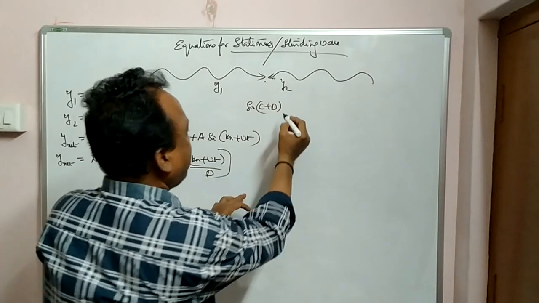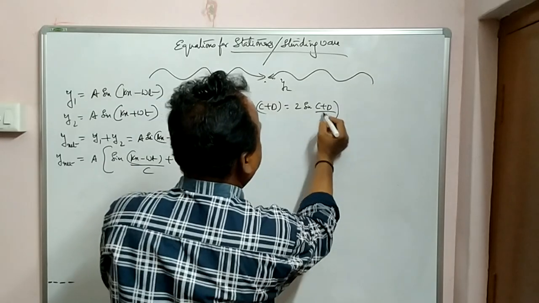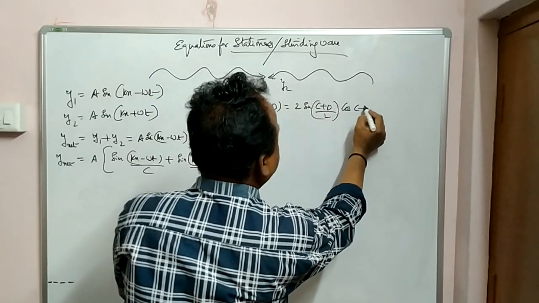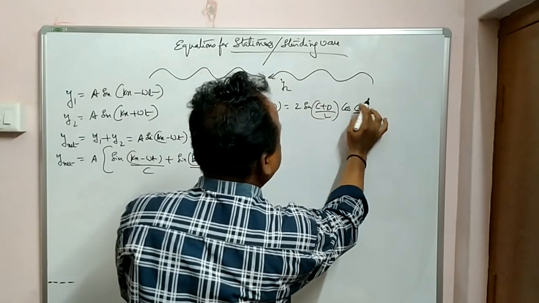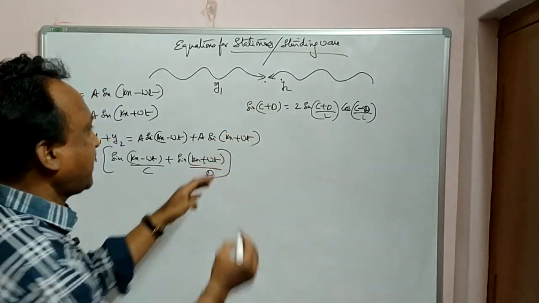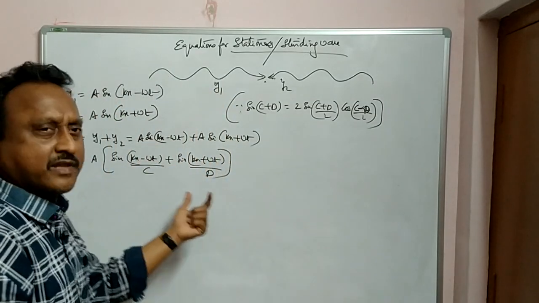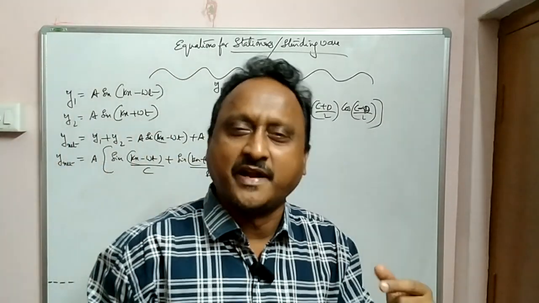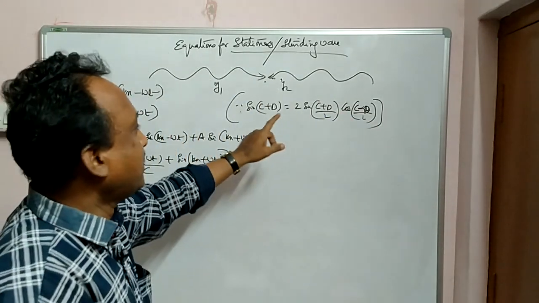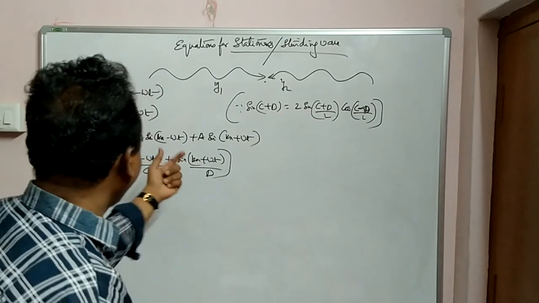In mathematics trigonometry, it is in the form of sin c plus sin d, which equals 2 sin c plus d by 2 into cos c minus d by 2. In trigonometry, we have a formula, if you observe carefully. Okay? So this formula ఉంది, sin c plus sin d formula trigonometry లో. దాని ఫార్ములా ఏంటి? 2 sin c plus d by 2 into cos c minus d by 2. Apply here.